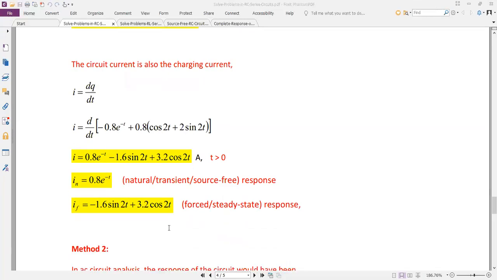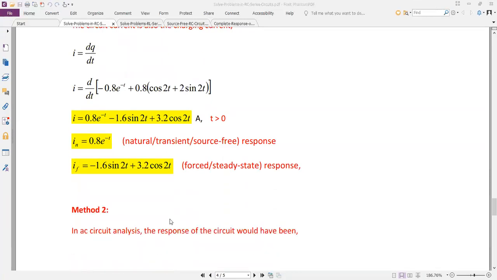If you look very closely, and I think I have mentioned this, your current expression here has two sets of terms: the one that is exponential in form and the other one that is trigonometric in form, because you have the sine and the cosine. The one that is exponential in form is the natural, transient, or source-free response, and it has a subscript of n.